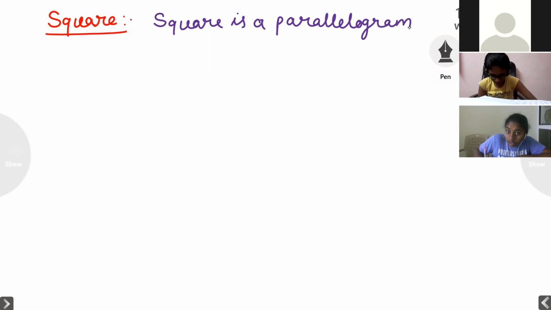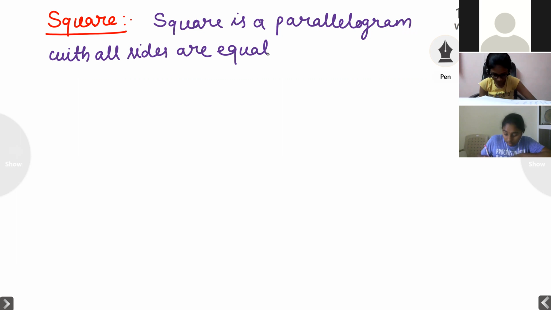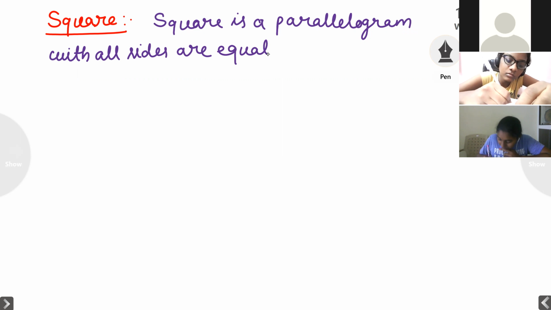Square is a parallelogram with all sides equal. Okay, I will give the properties, I will give everything.